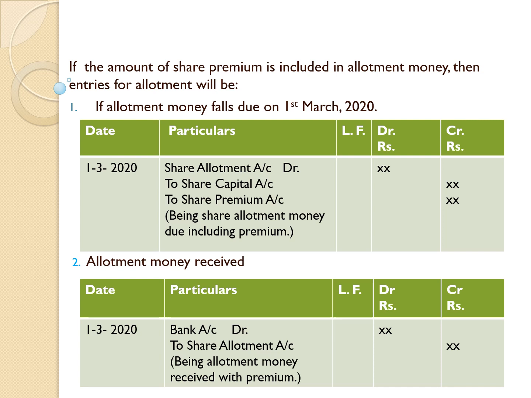The amount received will be credited to share allotment account. Here share allotment account will be credited, but in the first entry share allotment account is debited. Narration being allotment money received with premium.